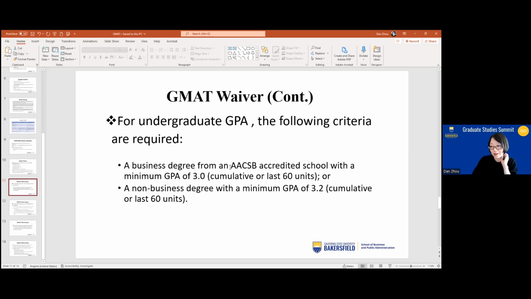Roughly only 5% of business schools worldwide receive this accreditation. Of course, the business school at CSUB has the AACSB accreditation. Then what if your undergraduate degree is not business? For a non-business degree, you need to have a minimum GPA of 3.2, either cumulative or last 60 units.